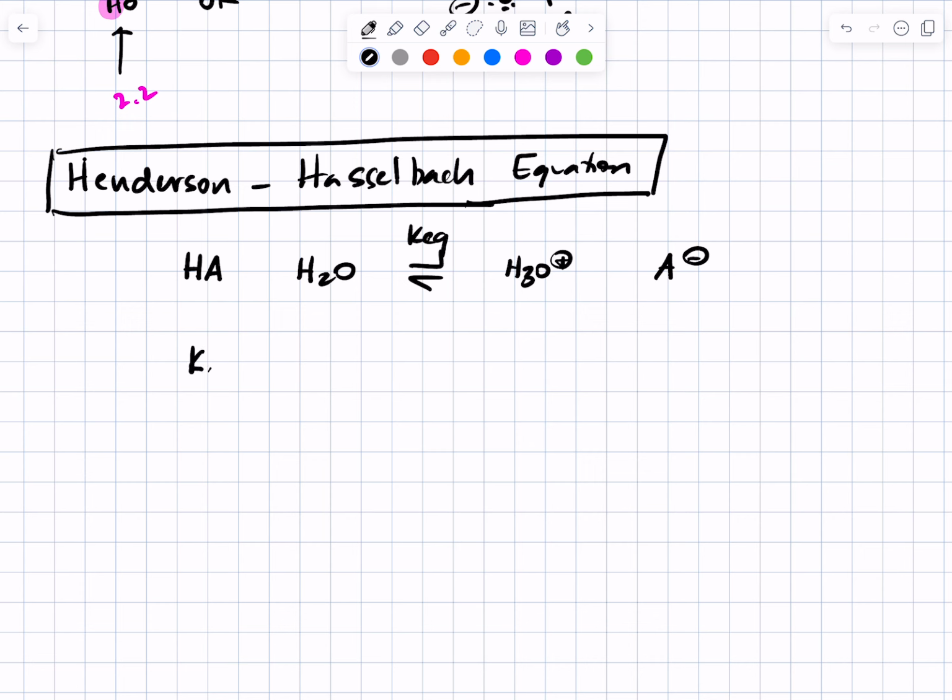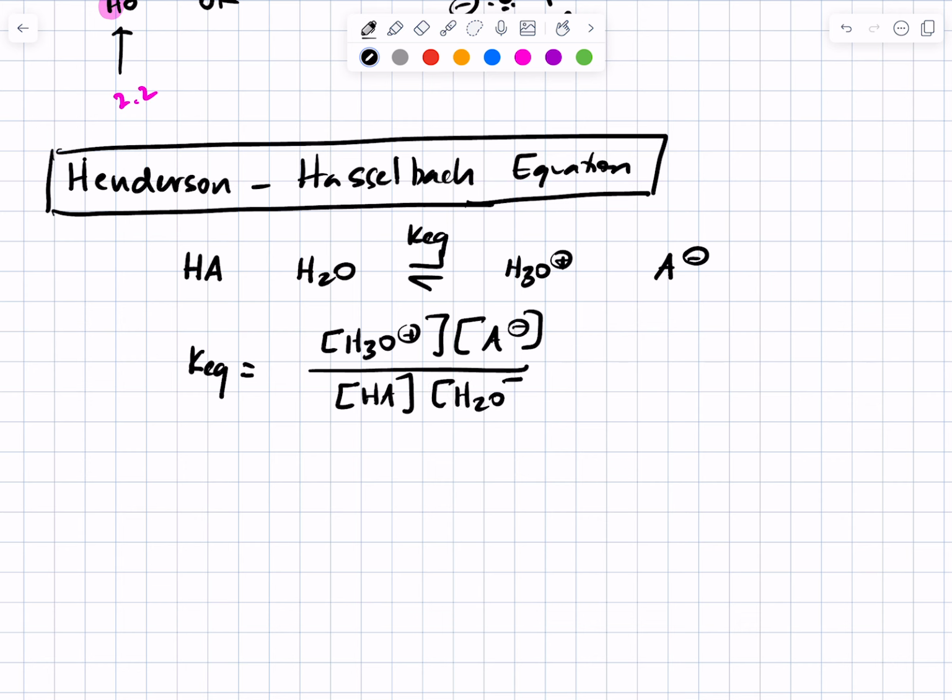If we were to write the equilibrium constant as expressed here, it would be the concentration of hydronium times the concentration of conjugate base over the concentration of HA times the concentration of water. Now, water is about 55 molar at regular temperatures and pressures. And that concentration is usually vastly in excess of whatever salts or buffers you have in an aqueous solution. So usually that concentration of water remains constant.